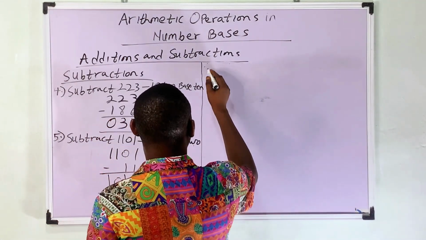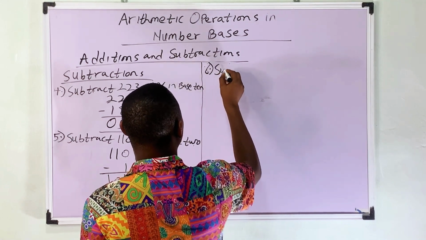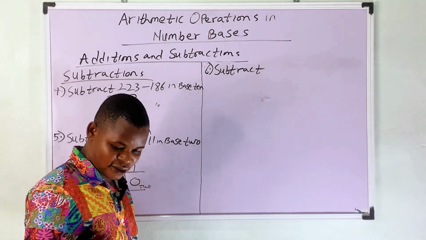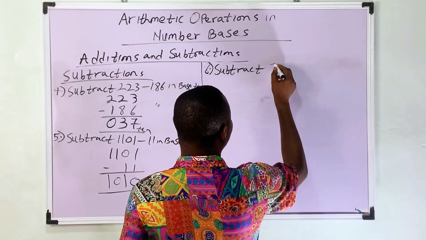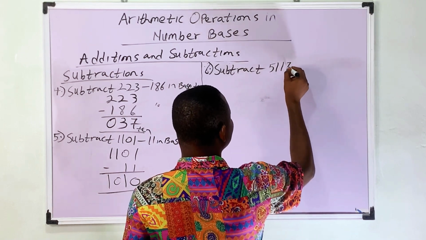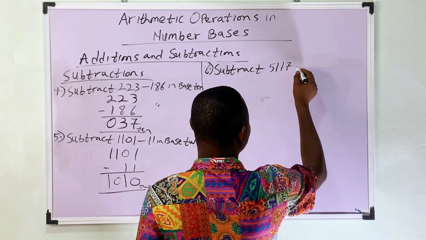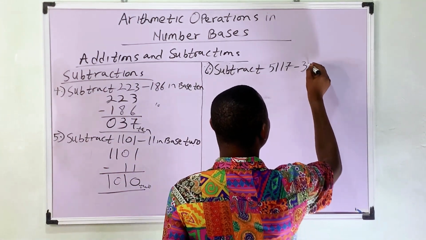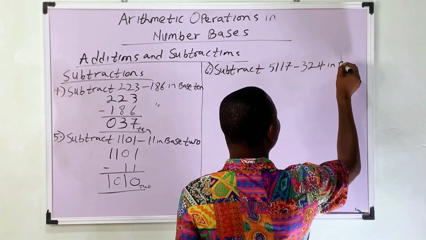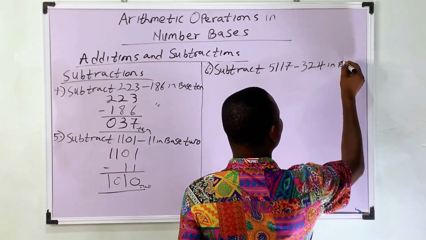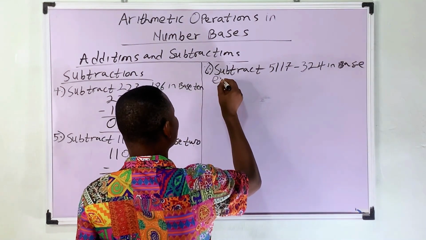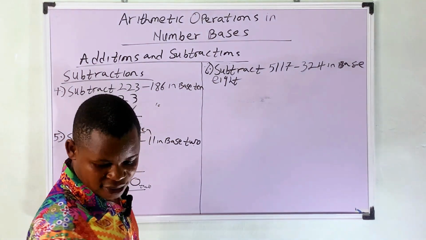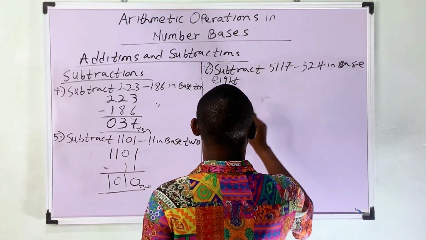So subtract 5117 minus 324 in base 8. 5117 minus 324 in base 8.